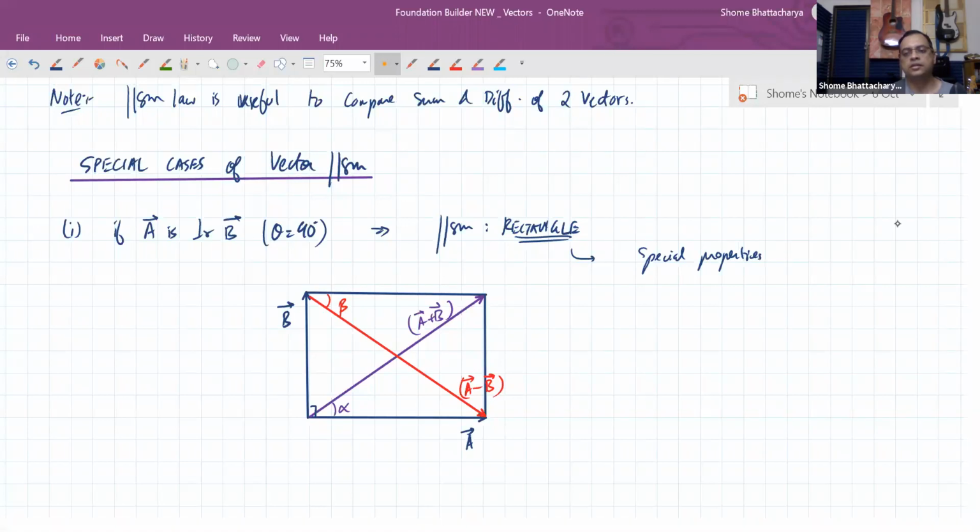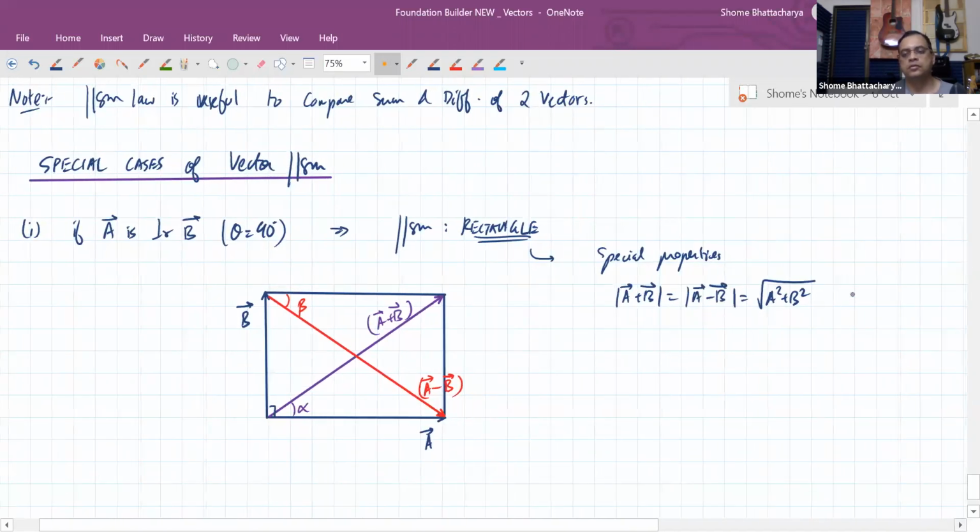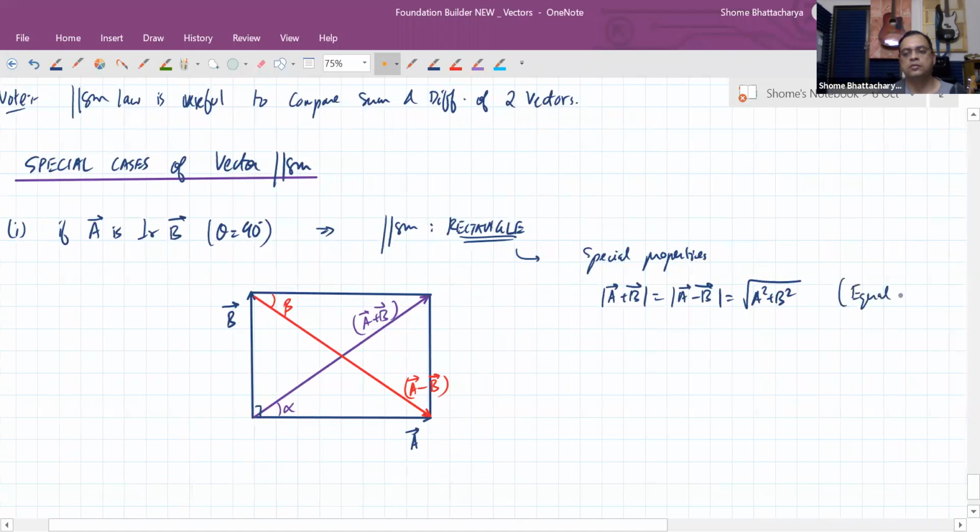Okay, and they are that the diagonals are equal in length, and alpha is equal to beta is equal to tan inverse of b by a.